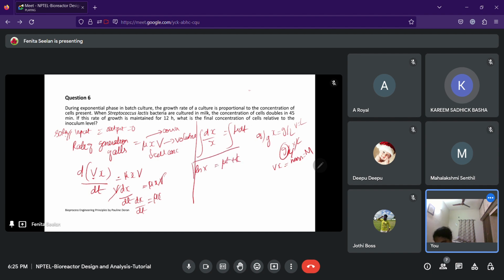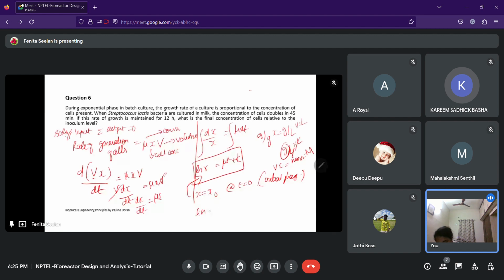Let us keep this as equation 1. If at the beginning of the exponential growth phase X is equal to X naught, then at t equal to 0, ln of X naught is equal to mu into 0 plus k.